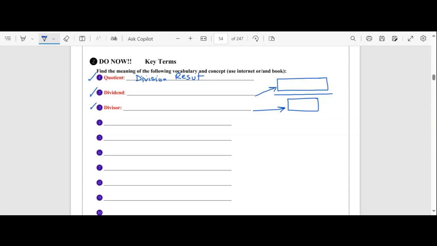Yes. Okay. Is this clear? All right. So let's go back to the file here. This one is the divisor, and this one is the dividend.